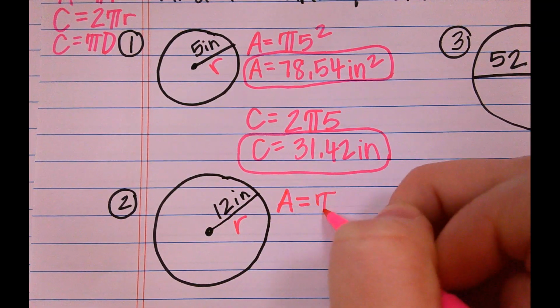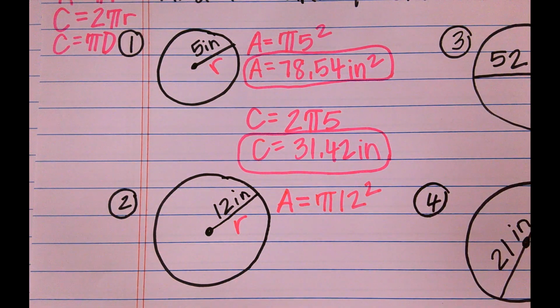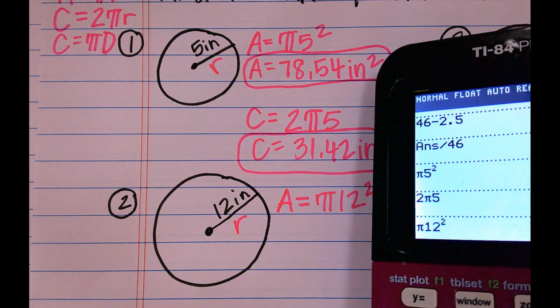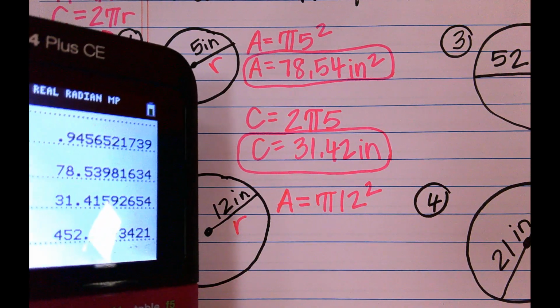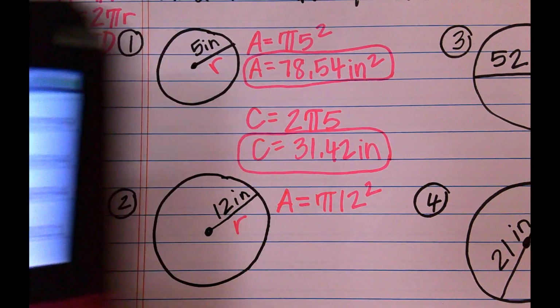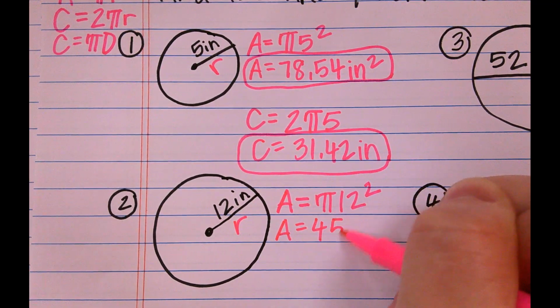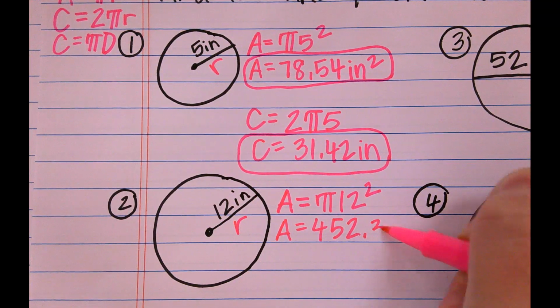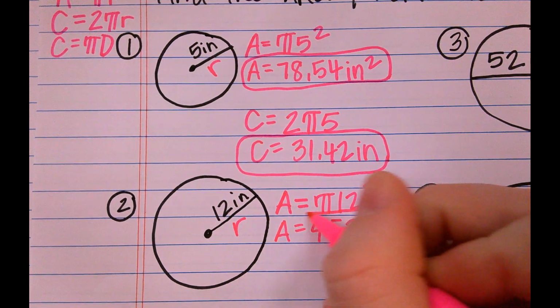Pi times 12 squared. You get 452.39 inches squared. Good.